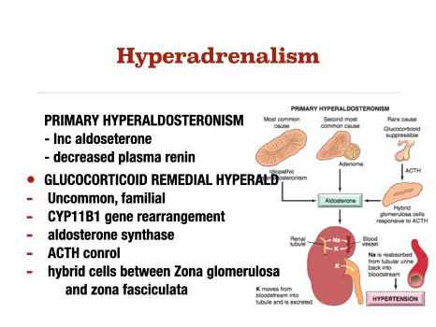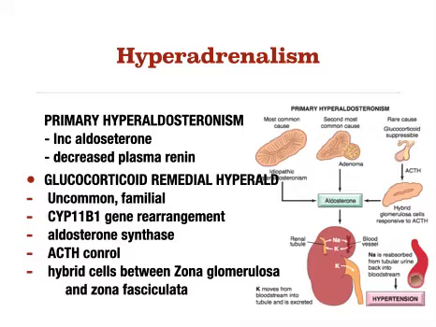Now, for glucocorticoid-remediable hyperaldosteronism, as I have mentioned, this is an uncommon cause of primary hyperaldosteronism. It is said to be a familial type of disease that is due to a rearrangement involving chromosome 8. With this, CYP11B2, the gene that encodes aldosterone synthase, is now made under the control of ACTH.